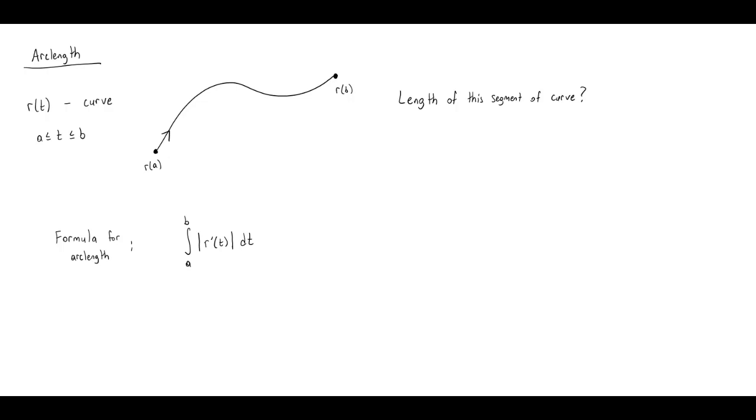Now, I'll just give a quick idea of what's going on in the formula, why it actually computes the length. I don't want to go too far into a rigorous derivation, but just the idea of how this formula works. Remember that if we're thinking of r of t as representing position, then r prime of t represents the velocity.